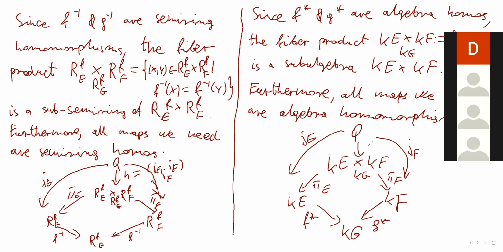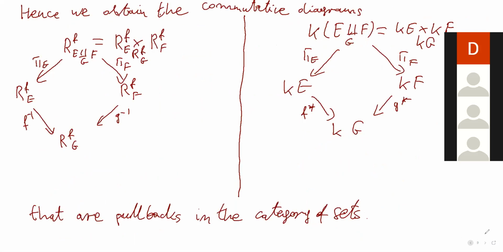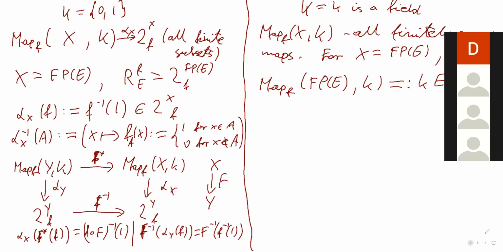And the key point again is that H is just a pair JE comma JF. So we are done. This proves everything but the unitality. So the theorem is proven except for the last part.